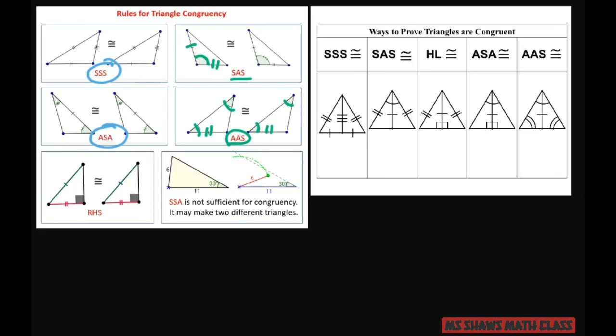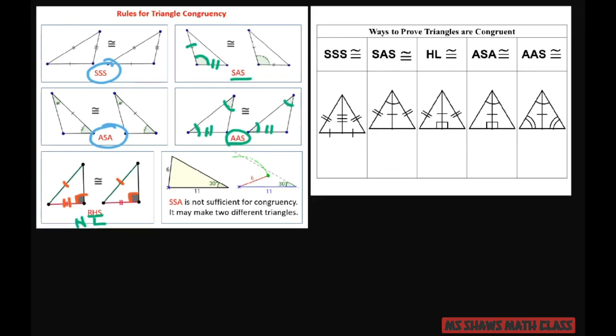And this one is also known as your hypotenuse leg postulate. So this is only for right triangles. If the hypotenuse is congruent for both triangles and one leg, then we have an angle here, then it means it's also congruent.